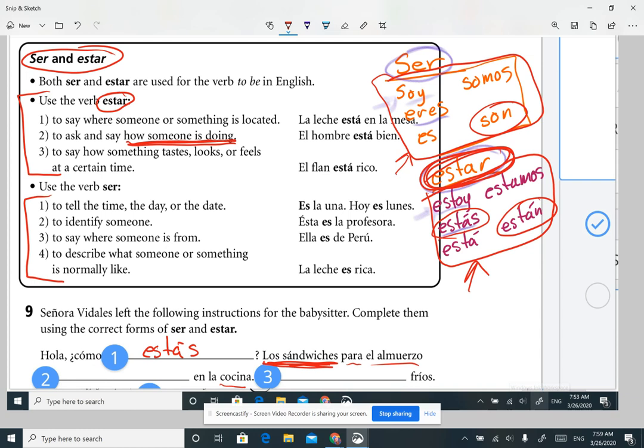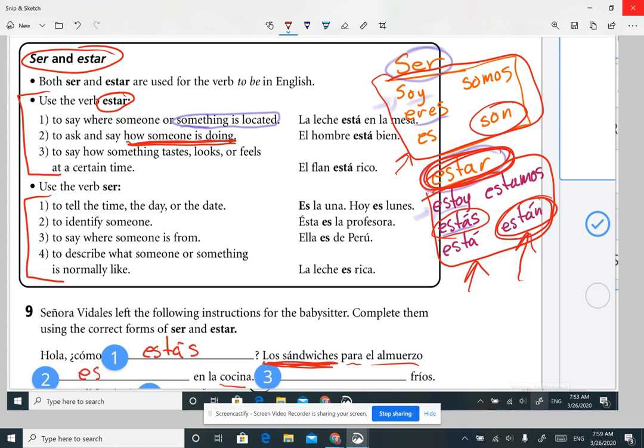And so then we have to decide what are we really saying here? They're in the kitchen. That's talking about where something is, right? So it's talking about location. So that's this right here. Something is located. So because we're talking about where something is located, we're going to use the estar verbs. So that would be this one right here, están.